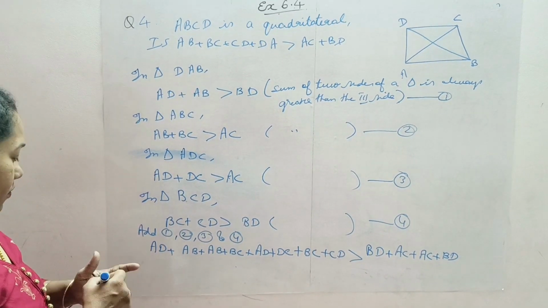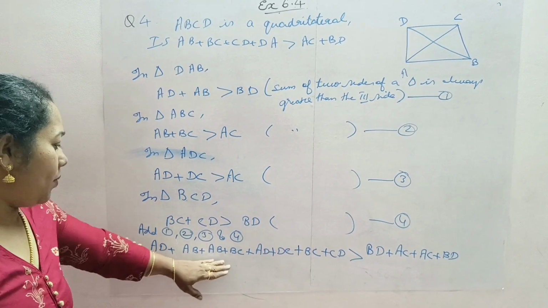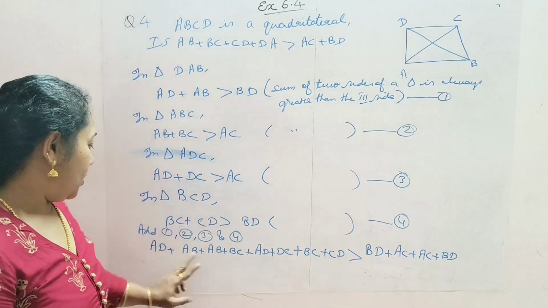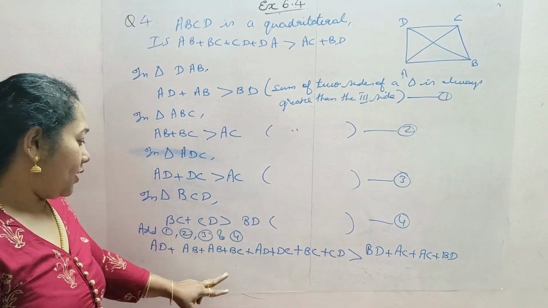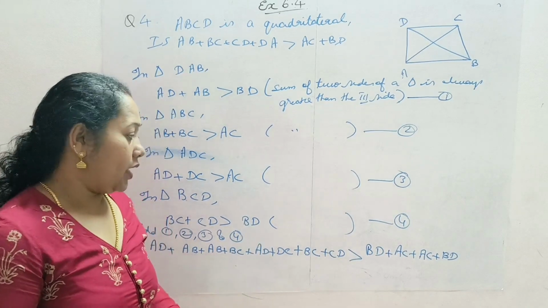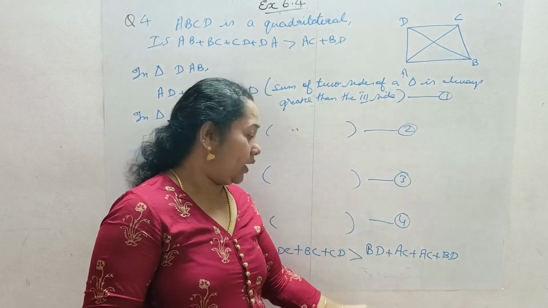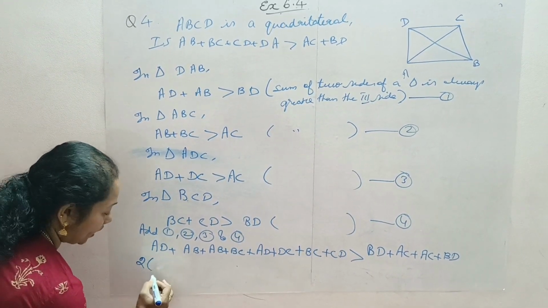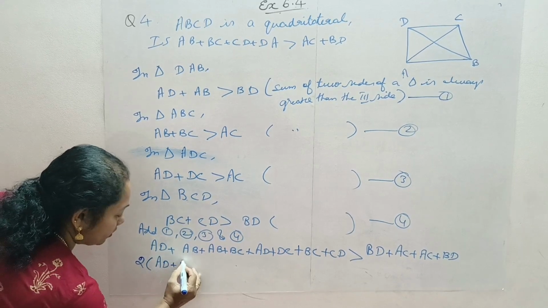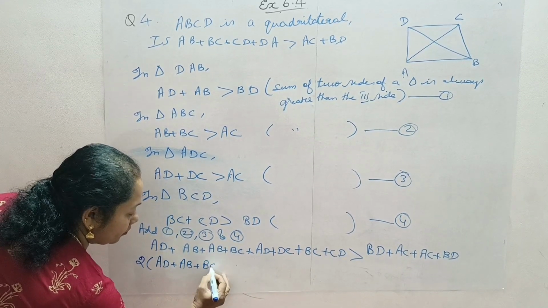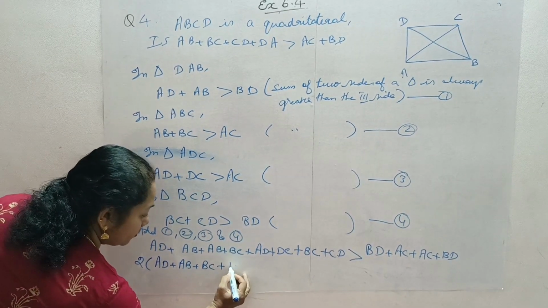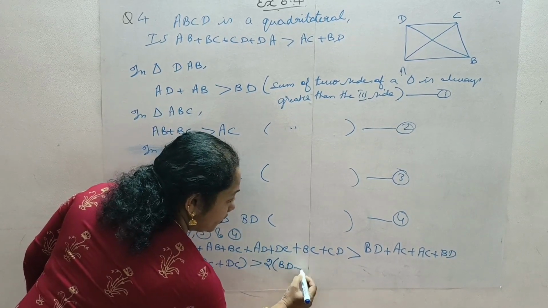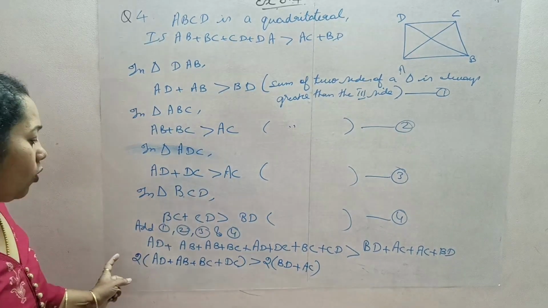Okay, now let us see. Here AB plus AB is 2AB, BC plus BC is 2BC, AD plus AD is 2AD and CD plus CD is 2CD. And here also BD plus BD is 2BD, AC plus AC is 2AC. So let us write 2 into bracket AD plus AB plus BC plus CD, greater than 2 into bracket BD plus AC, because all are of two types.